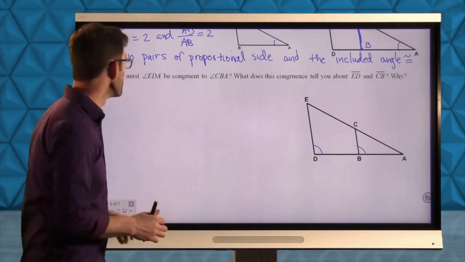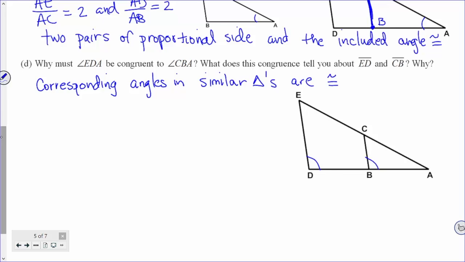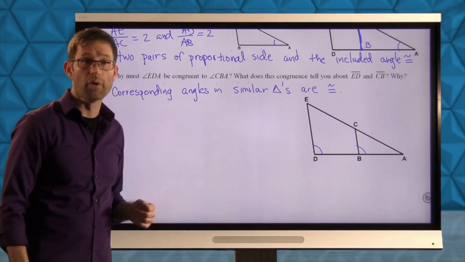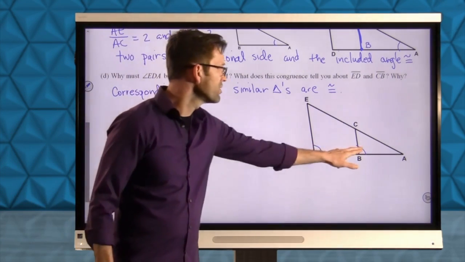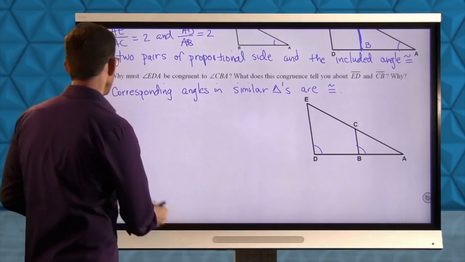All right, well, the answer to the first question, why do those 2 angles have to be congruent? Because corresponding angles in similar triangles are congruent. All right? They're corresponding angles in similar triangles. They're congruent. Now, what do those 2 angles being congruent tell you about this side length and this side length?